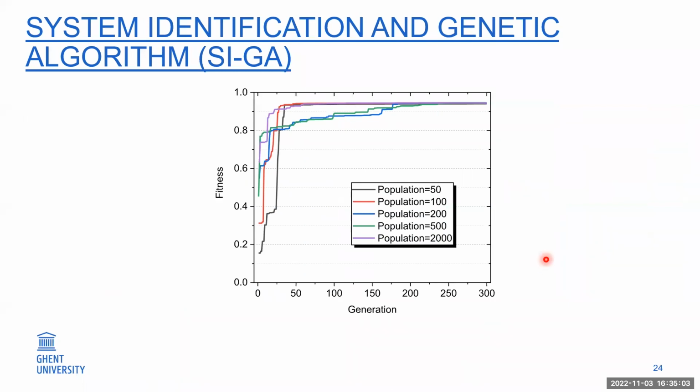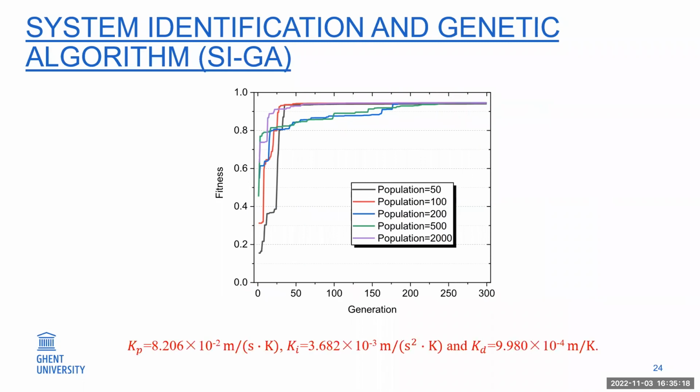We test a different population number in one generation. Finally, even if we use a different population for the algorithm, we can see the final value converges. So after this optimization, we get another set of parameters of the PID controller.